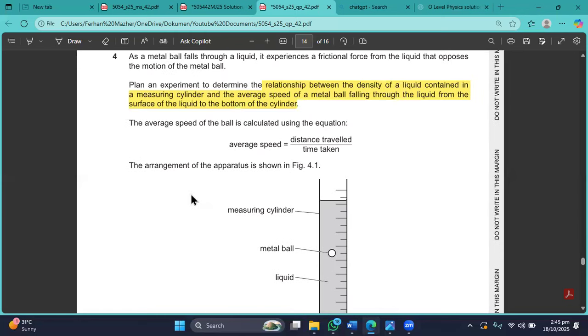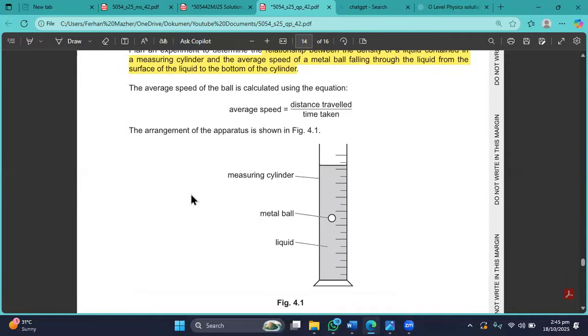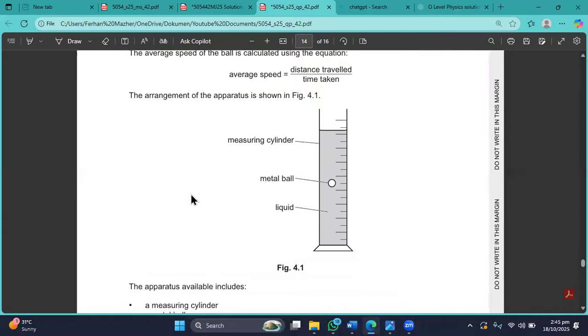Okay, so we are basically looking for the relationship between the speed of the metal ball falling down in that liquid, and the density of the liquid. Okay, so the experiment is very simple. I need a stopwatch, and I need a tape measure or a ruler to measure the length of the liquid column.